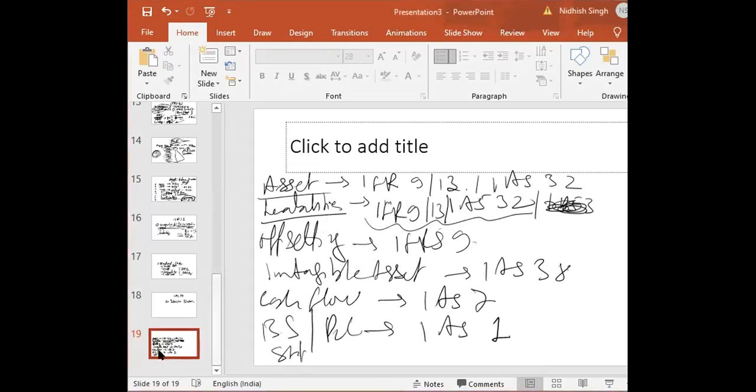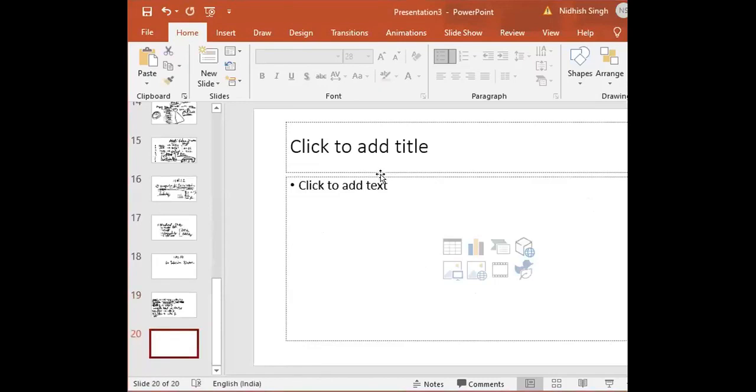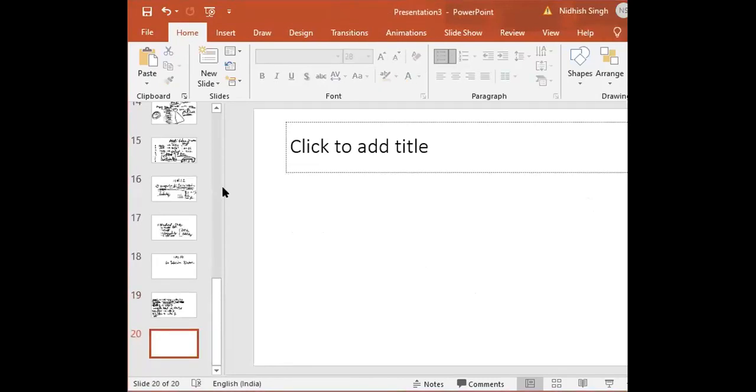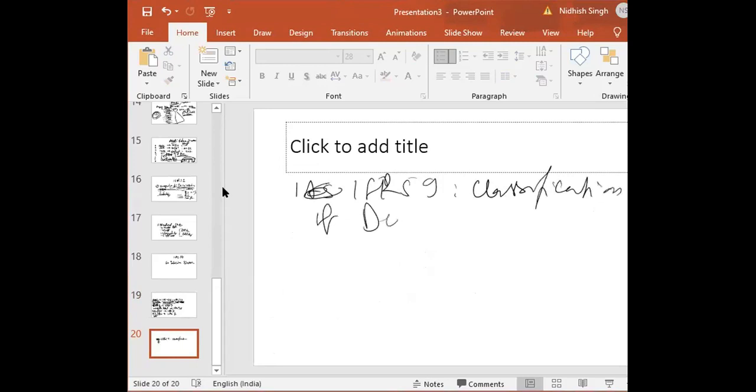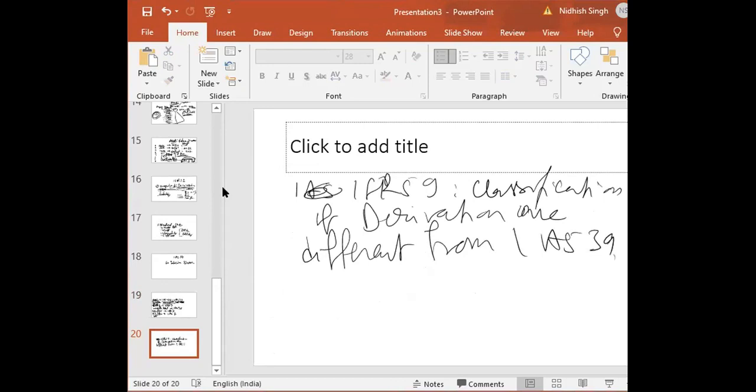So especially when we go into derivatives, the world is much different between other standards and IFRS. After the advent of IFRS 9, the way we classify derivatives is different from IAS 39. Now we have different nomenclature.